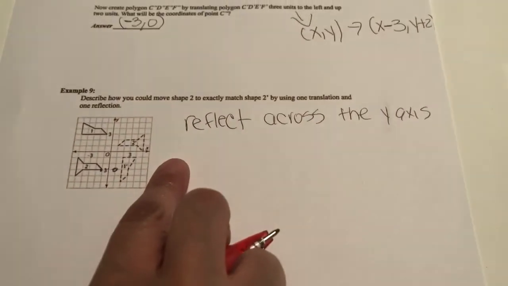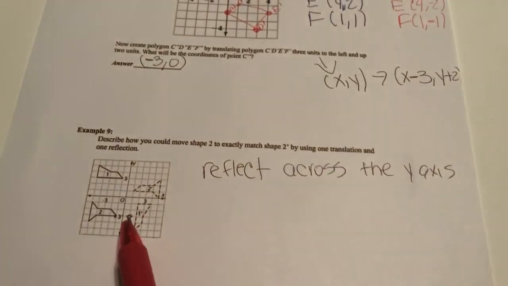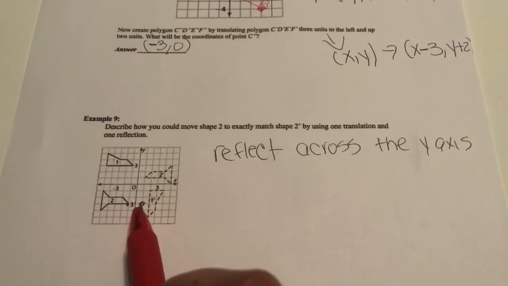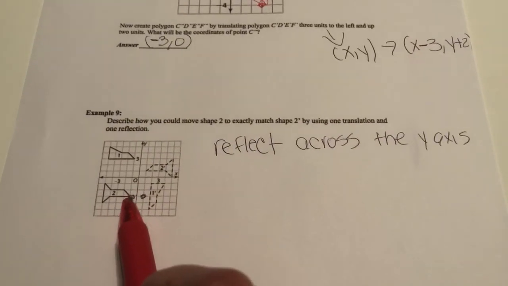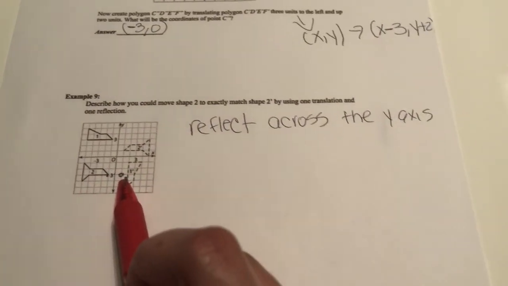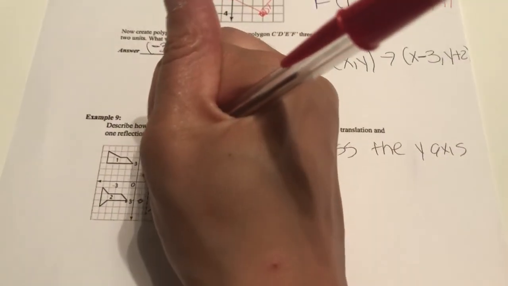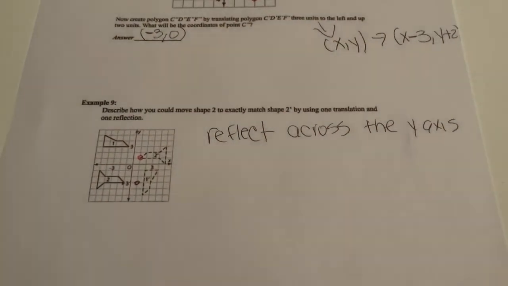So it flipped over. Now this is the beginning point. I'm not going to draw the whole thing, but this is the image 2. I need to get up here. My goal is to get here. Everything else looks in shape.